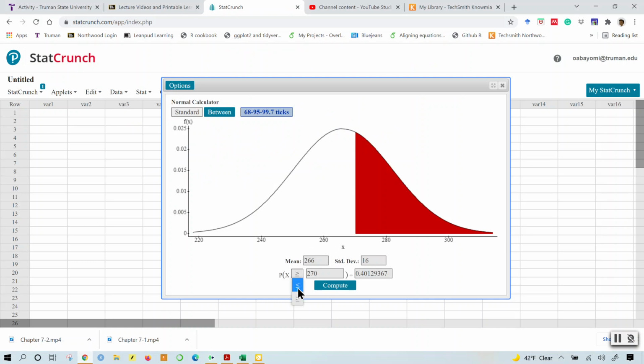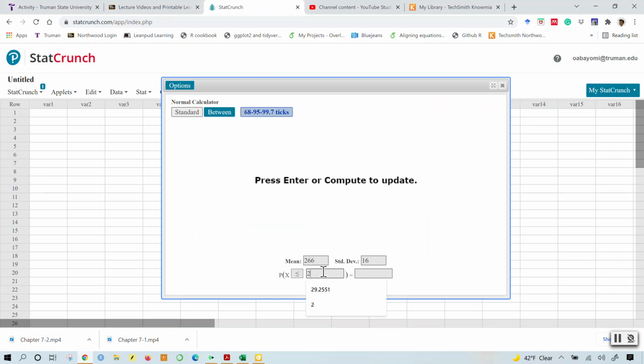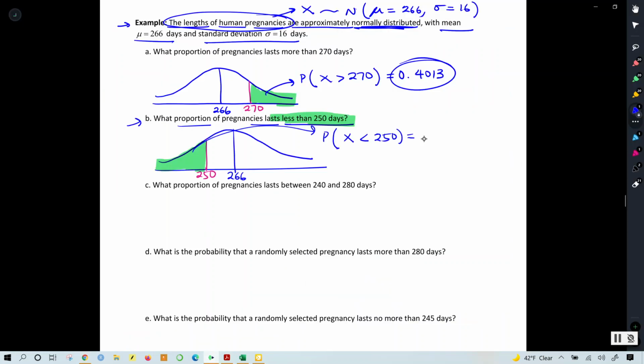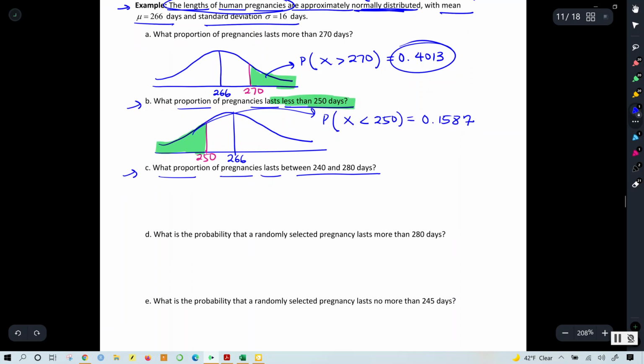I want less than or equal to 250. Enter. That is 0.1587.